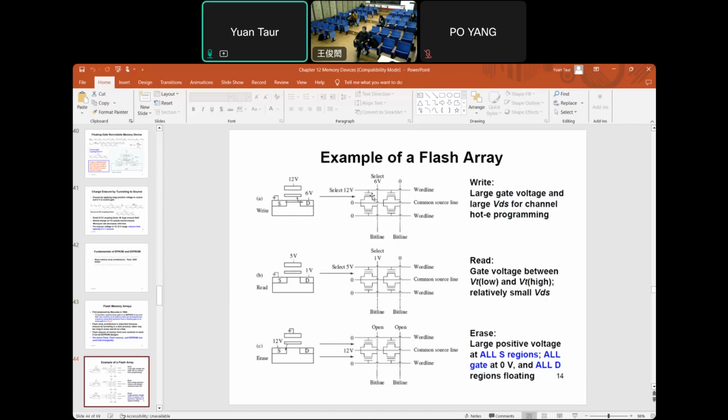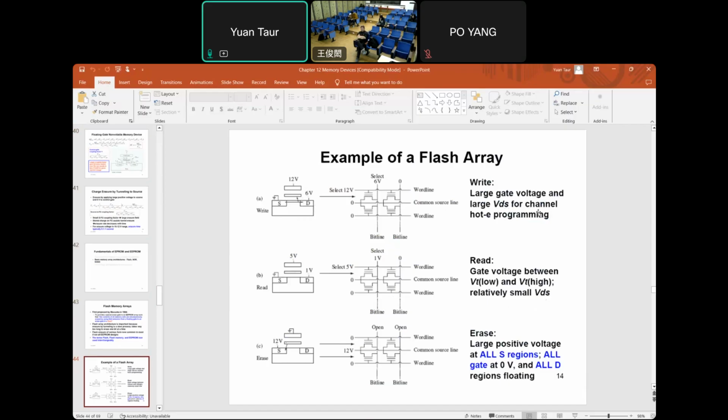So this is the cell that we want to write. Okay? So we select this cell by applying a high voltage to the gate, and then 6 volt to the drain. Okay, so that we have hot electron injection from this high drain field into the floating gate. Okay, with 6 volt.